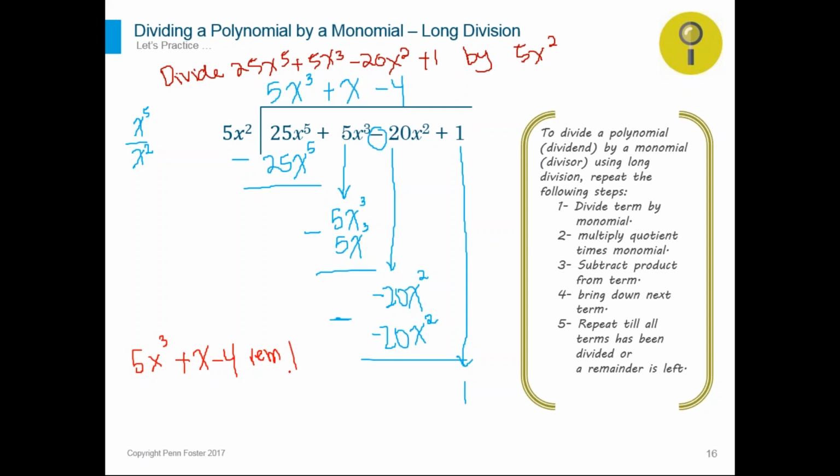And that's it. So we just repeat the steps: divide, multiply, subtract, bring down. Divide, multiply, subtract, bring down. And I have everything summarized on the right-hand side of that slide.